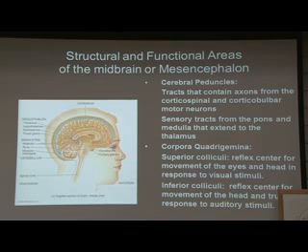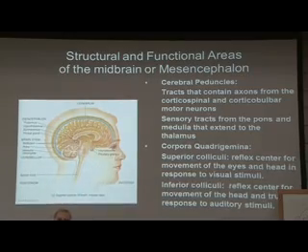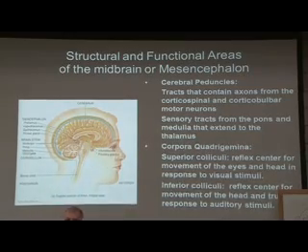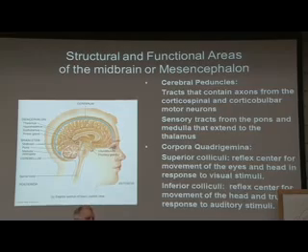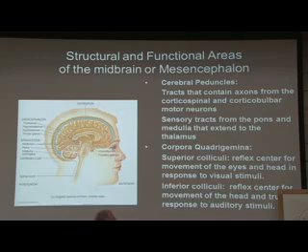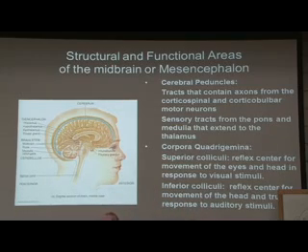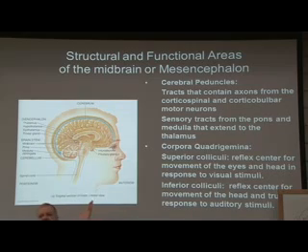Okay, so as we move upward from the medulla to the pons, our next area is the midbrain, which we can also call the mesencephalon, right? And on the mesencephalon, not surprisingly, we have the continuation of those ascending sensory tracts and descending motor tracts.